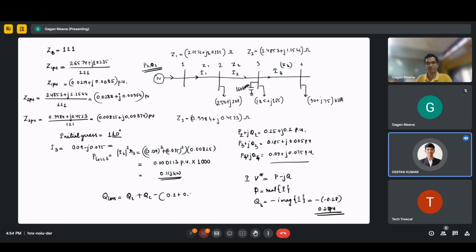That will be 0.54. No, this is 0.165. Then it will be 0.44.